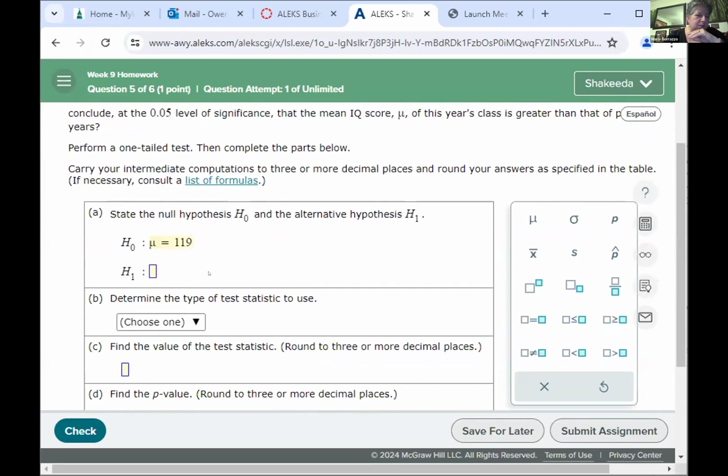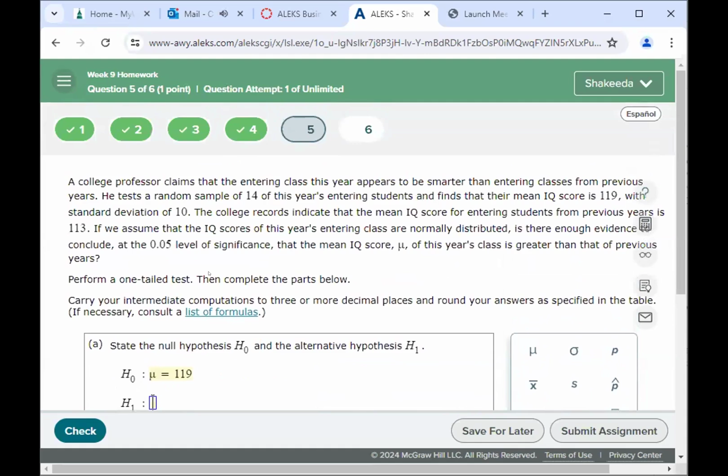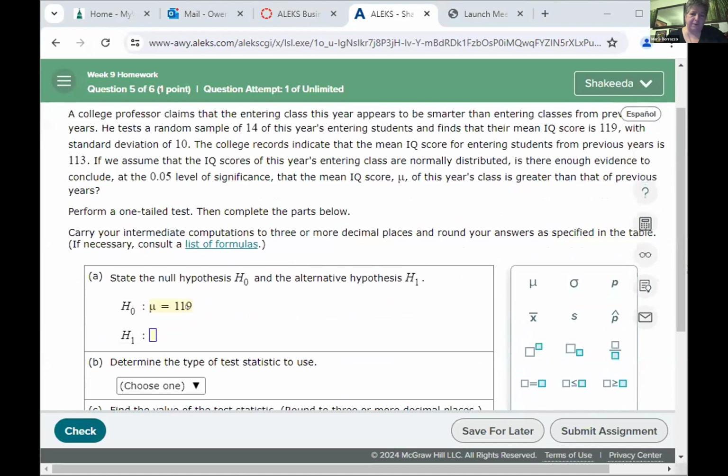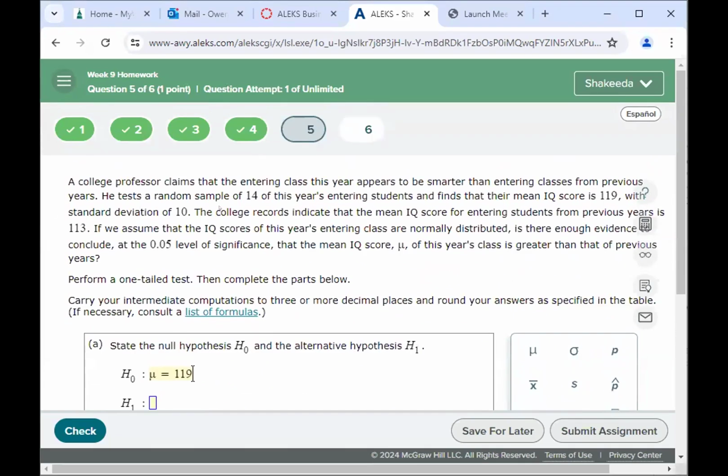Well, hang on. No. Look at that carefully. Let me see, to find their mean IQ is 118, but the standard deviation, students from the previous years, 1-3. Oh, okay. I keep reading it backwards. What's the sample size? I have 14.